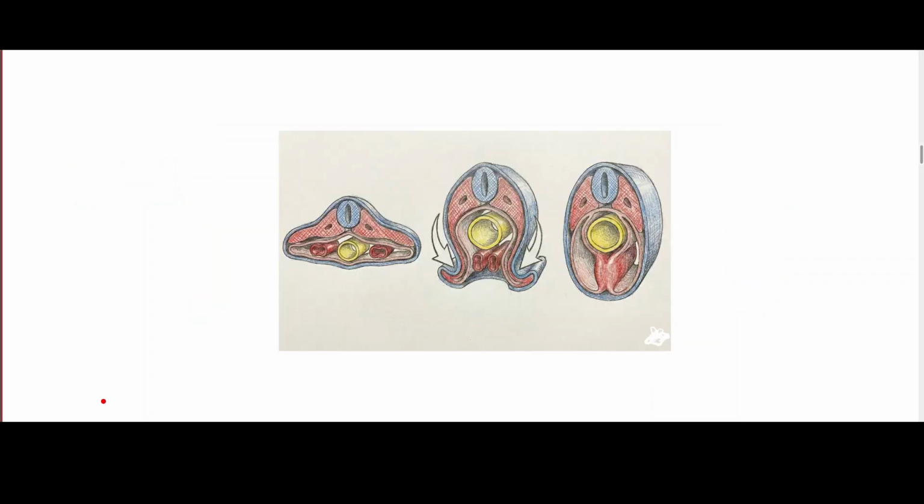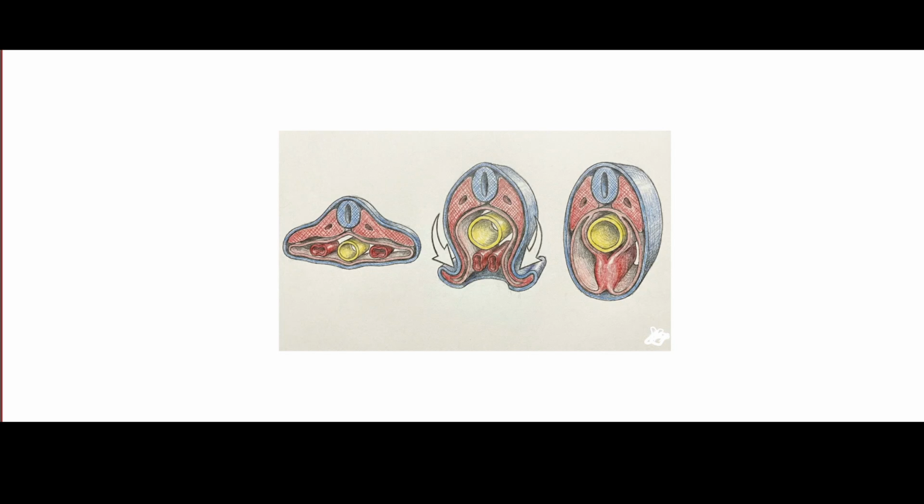Now, this image illustrates the side-to-side folding of the embryo. As the embryo folds, this movement brings the two endothelial heart tubes towards the midline, and eventually the endothelial heart tubes fuse to become a single primitive heart tube.